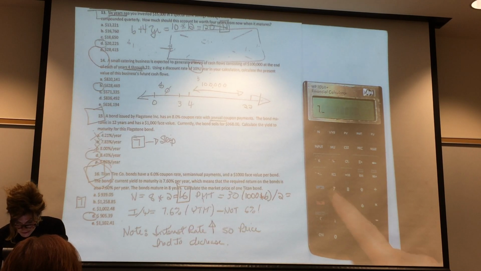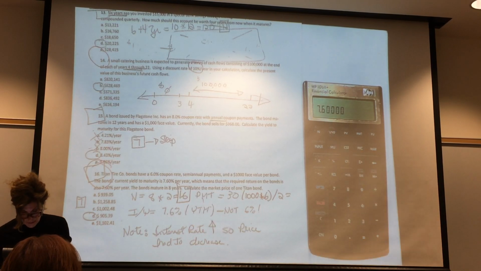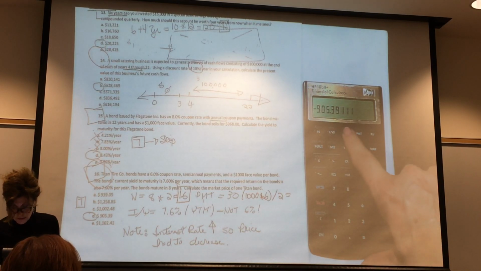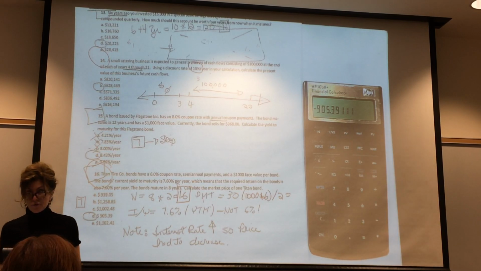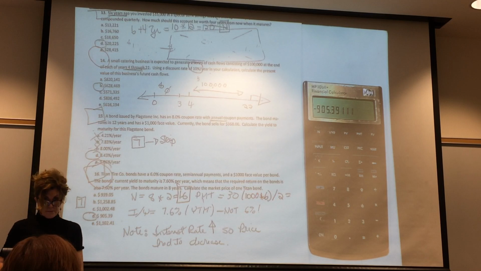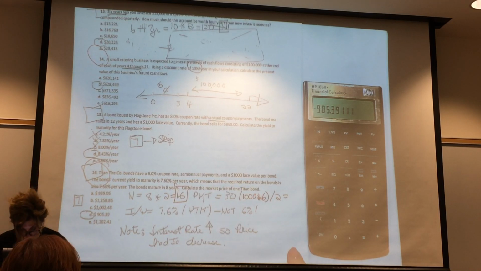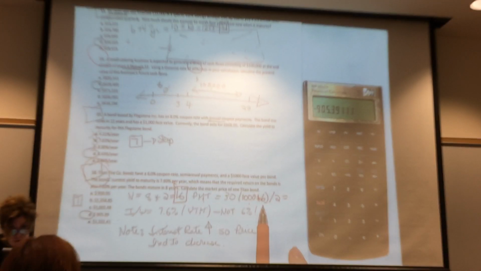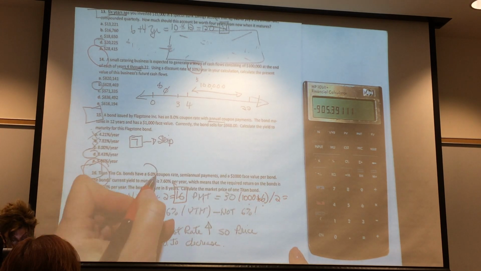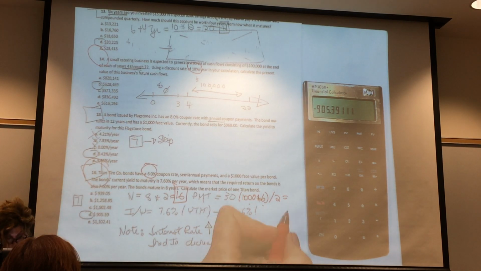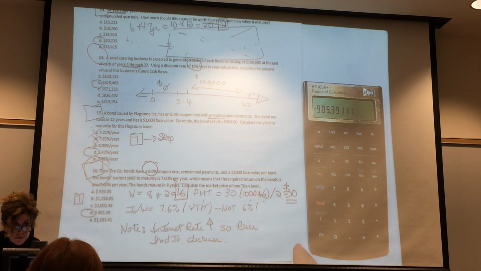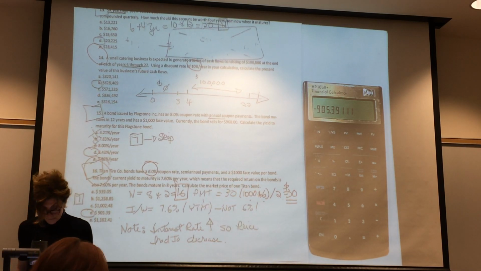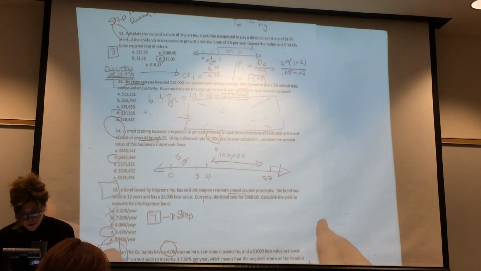My interest a year is 7.6%. The price of that bond is $905.39. How'd you get the payment? I took the $1,000 times the 6% coupon rate, which is stated, and I divided it by 2. That's my $30 coupon. Does that make sense? Be sure and note if it's annual or semi-annual.